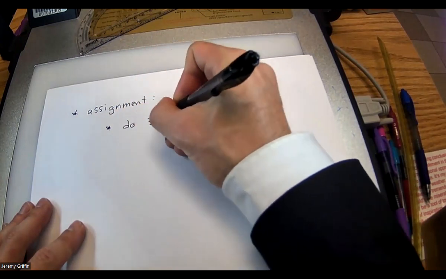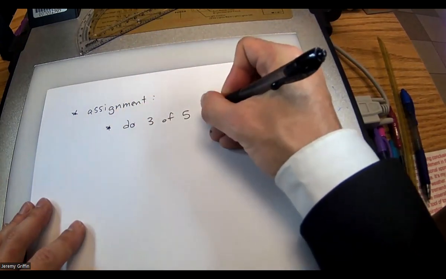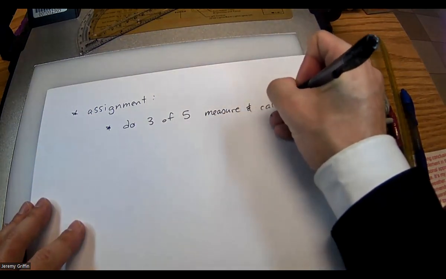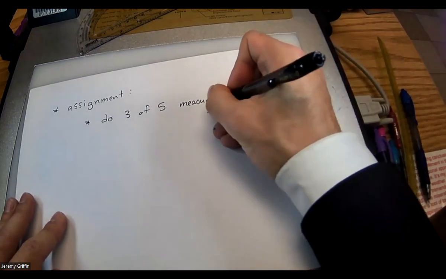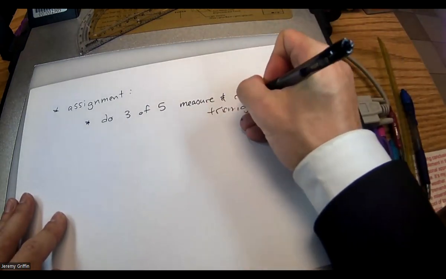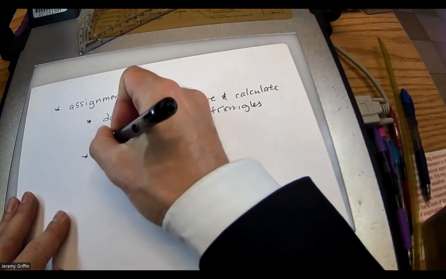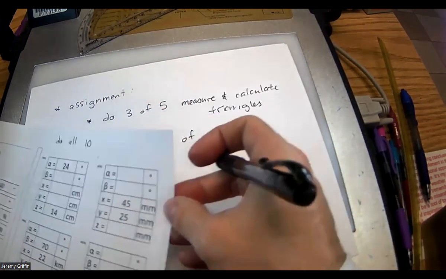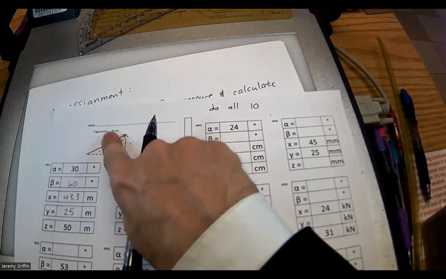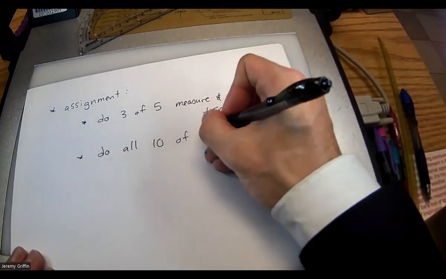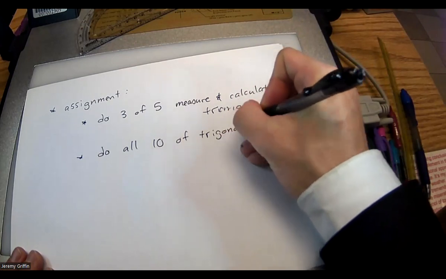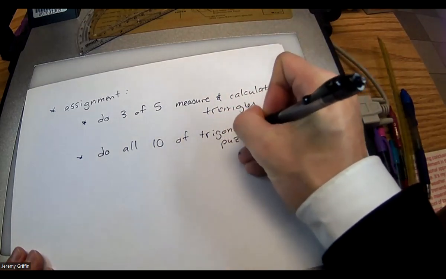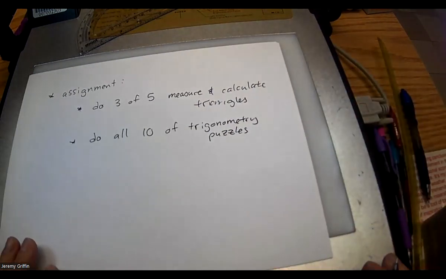Do 3 of the 5 measure and calculate triangles, and then do all 10 of what I call the side of trigonometry puzzle, right? Okay, right, guys get that?